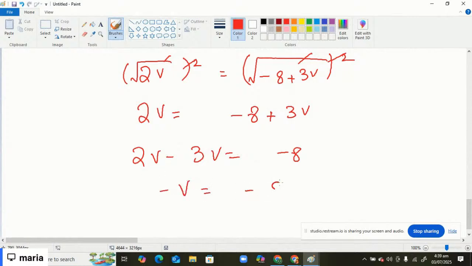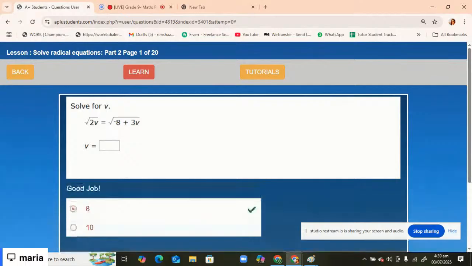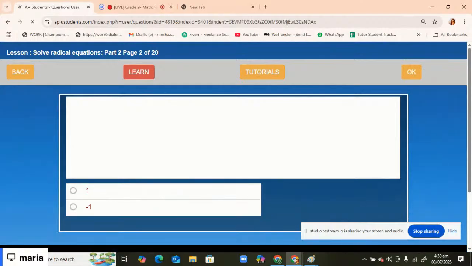Now minus v is left and minus 8. Minus minus should be cancelled. So your v is 8. Let's check, it's 8. This is the right answer.